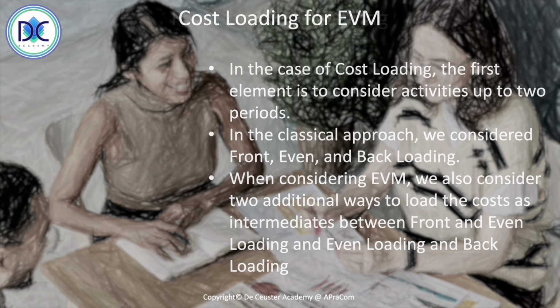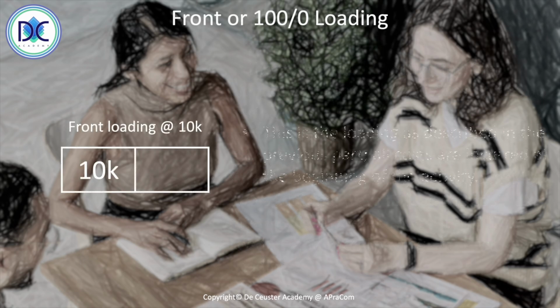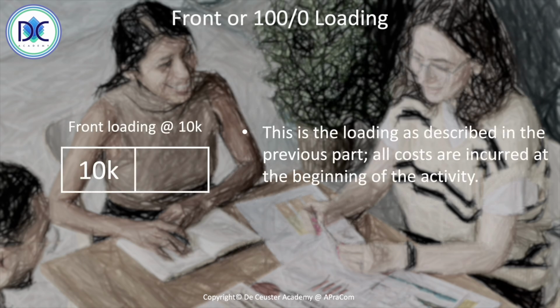So let's go back to front or 100-0 loading. It means we put 100% of all the cost in the first period, and this is basically the same idea, the classical front loading. In this case, the total cost of the activity is 10K, and we will have the same 10K for all the following activities.